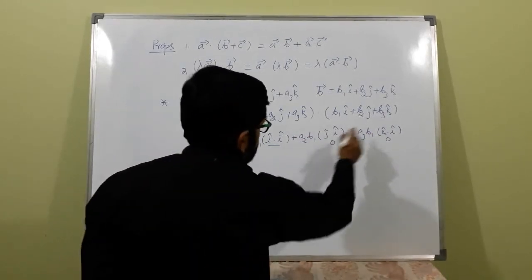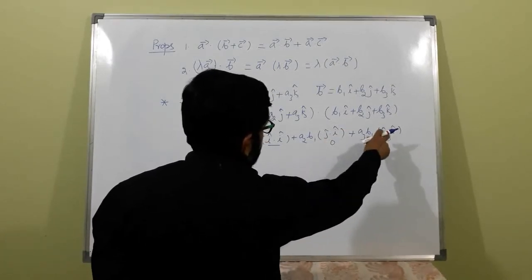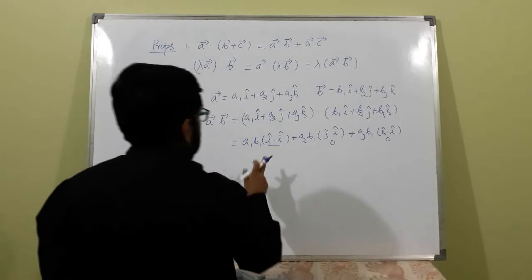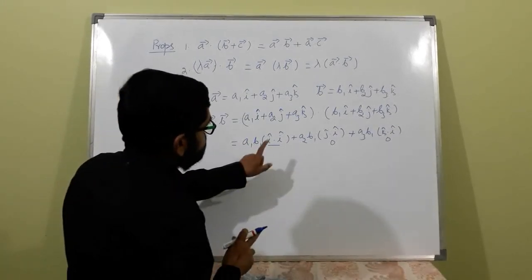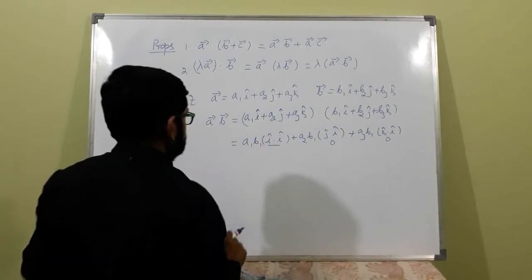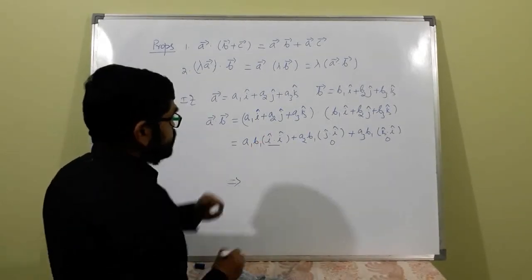So these types of i dot j, j dot i, k dot i, dot k vanish. Only the terms which are remaining are i dot i, j dot j and k dot k, and these are ones.